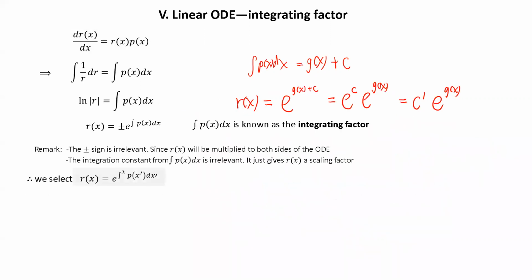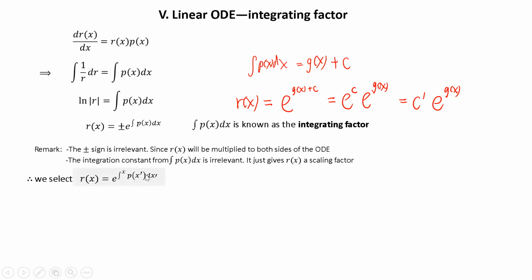Therefore, when we look for r of x, we just make it simple. We don't worry about the minus sign, and we don't worry about the integration constant from this indefinite integral. So we always just say that r of x is equal to the exponential of this integral.